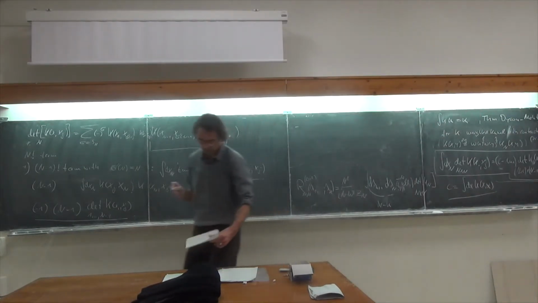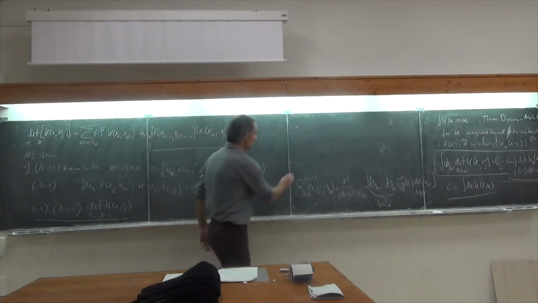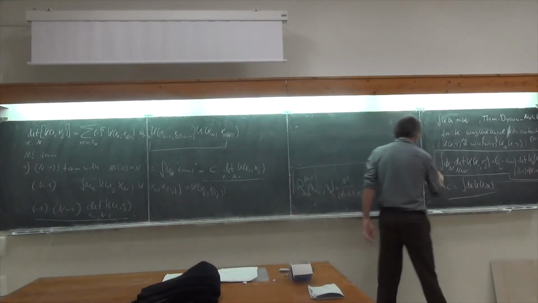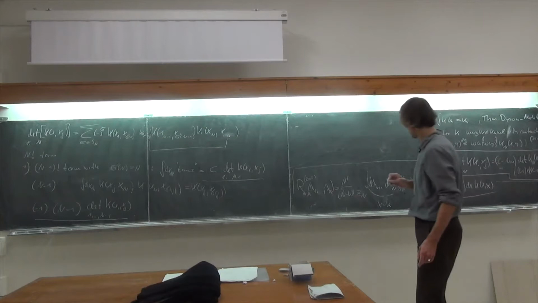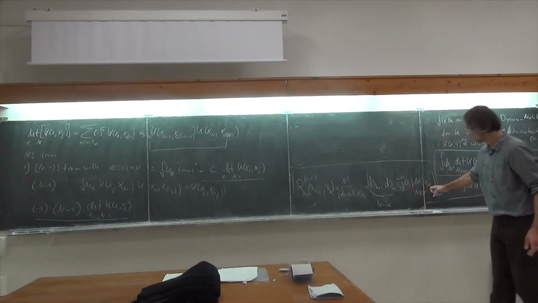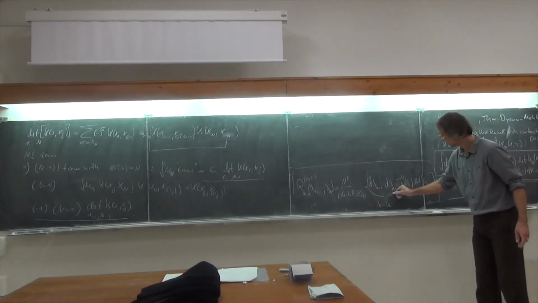So what we want to do now is apply that to compute these objects here. Basically, we just have to count the right number of coefficients. And that is not so difficult. So let's do the first of these integrals. Let's say we take this one.